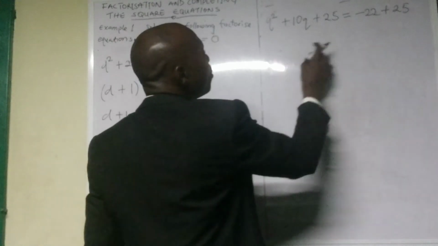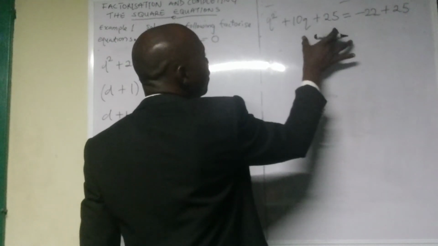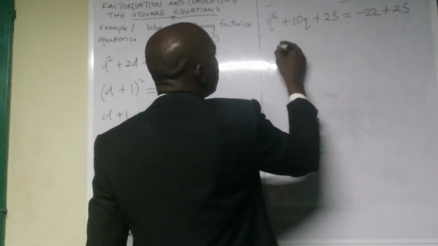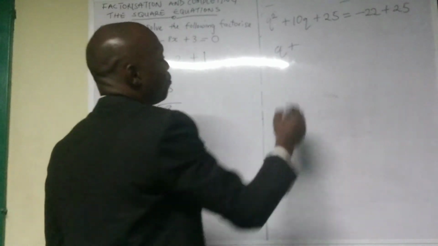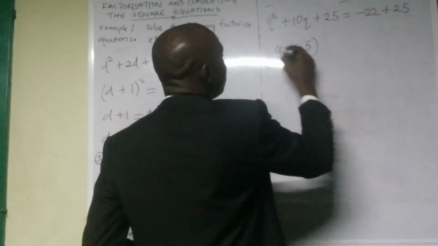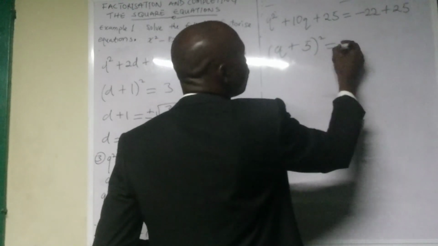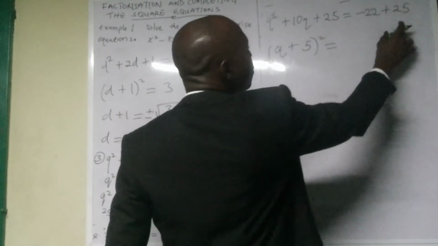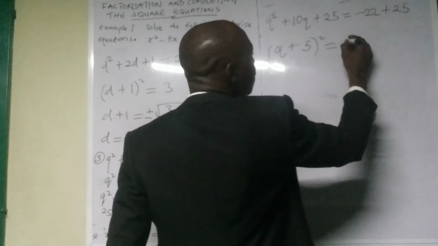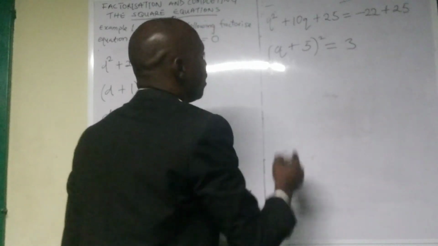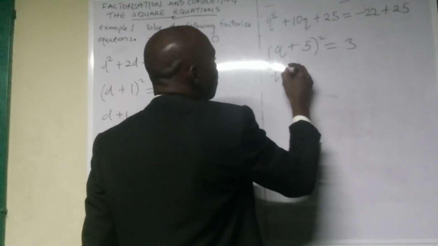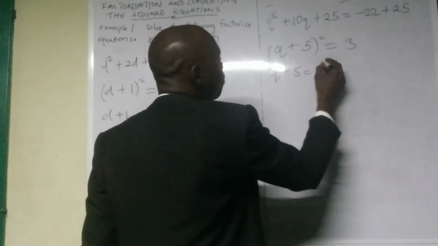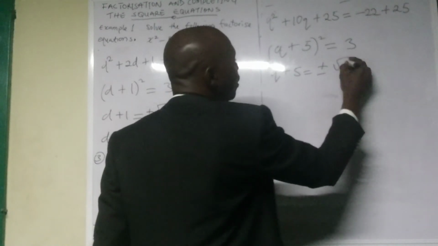So from here now, we're looking for the half of this one. Half of this one will now give us (q plus 5) raised to power 2 equals, if you deduct this one from this one, it will give you plus 3. Then we transfer this one to this side to now give us q plus 5 equals plus or minus root 3.